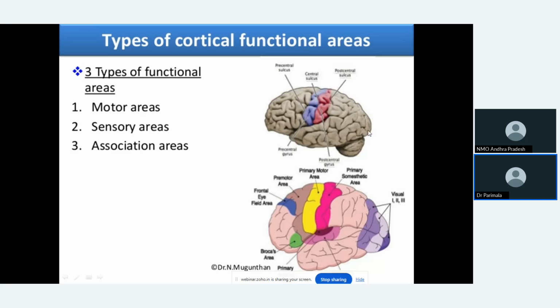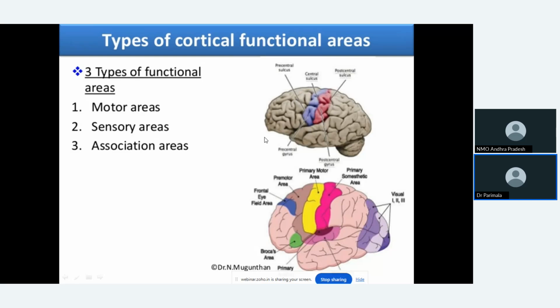Visual perception is received by the occipital lobe. Auditory information is received by the temporal lobe. Is that clear? Touch is received by the parietal lobe, visual sensation by the occipital lobe, and auditory sensation by the temporal lobe. The motor information is given to the entire body, the head and neck and the rest of the body, by the cerebral cortex only.